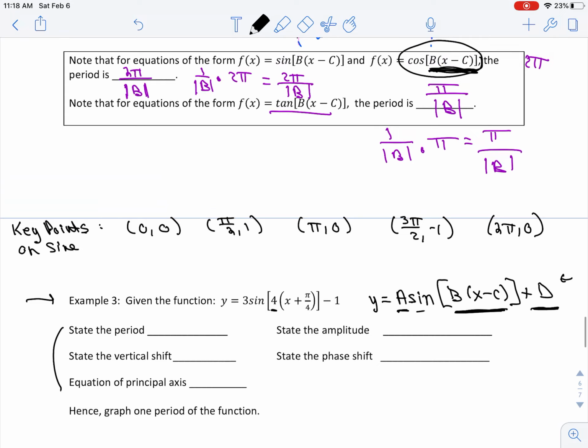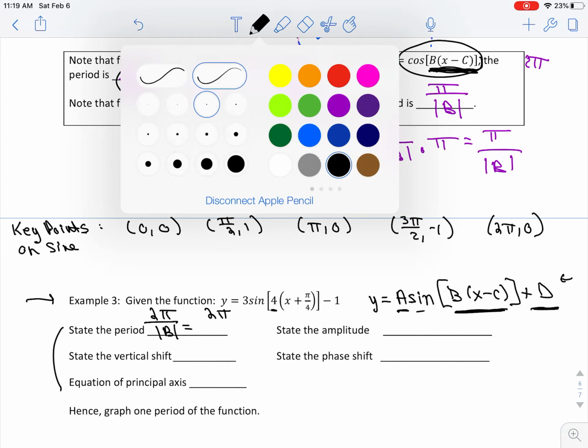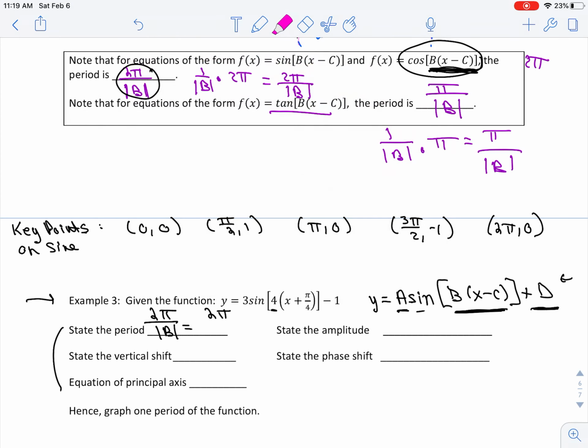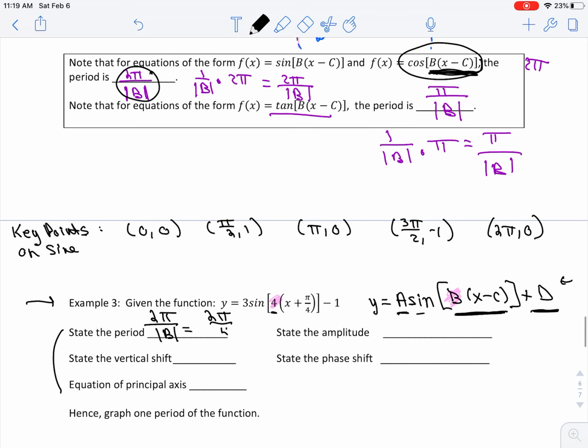So the period, if you remember on the last page, for a sine function, we said is 2 pi divided by the absolute value of b. So in this case, it'll be 2 pi divided by the absolute value of b. And b in this problem is, remember, b is the coefficient that's here, and that's going to be 4. So it's going to be 2 pi divided by 4, which is pi over 2. And after we graph it, we'll come back and double check that.